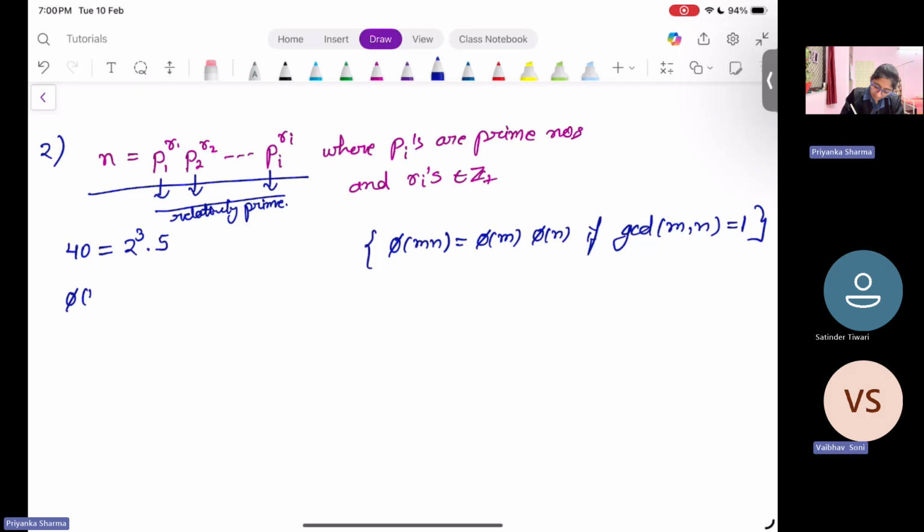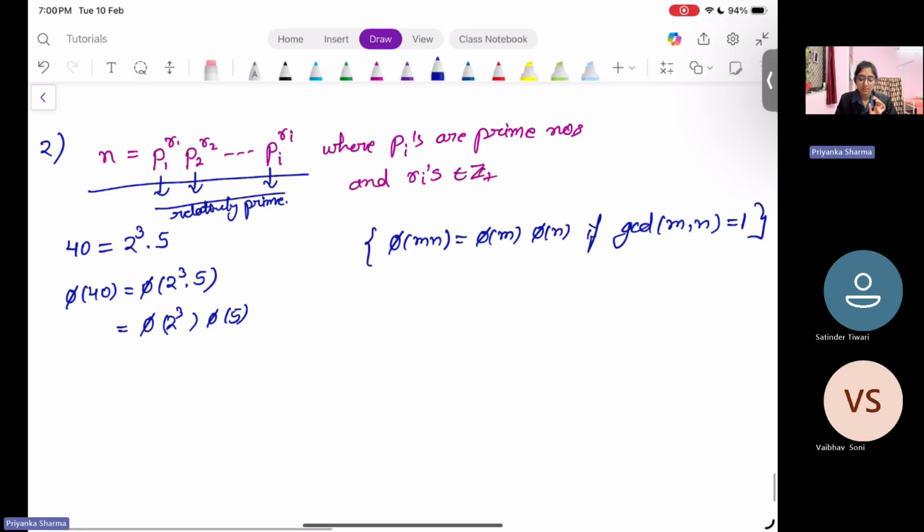So what will be phi of 40? This will be phi of 2 cube into 5, which is phi of 2 cube times phi of 5. We can break it because 2 cube and 5 are co-prime numbers, as no two prime numbers can have a common factor other than 1.